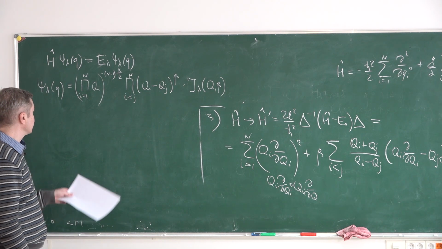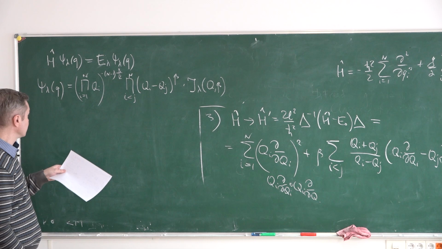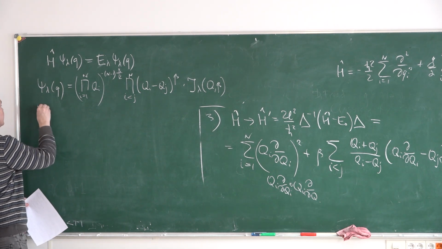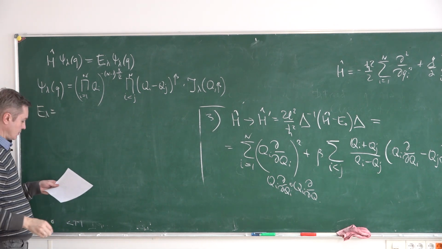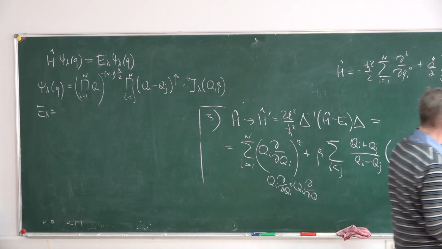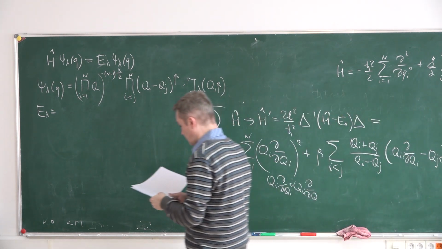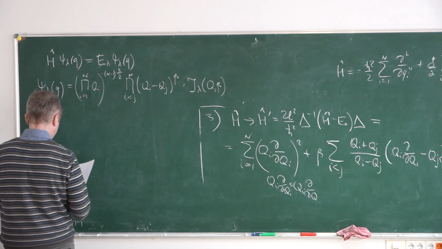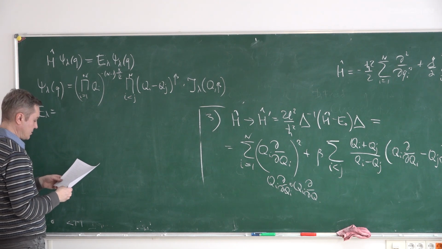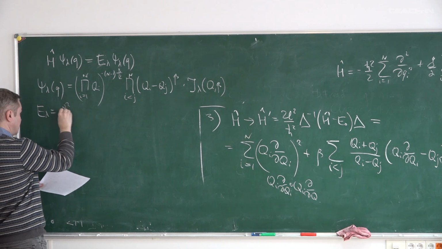So this is the answer for eigenfunctions, and the eigenvalue also transforms slightly, so it changes after this conjugation. It acquires some additional terms, which are as follows.